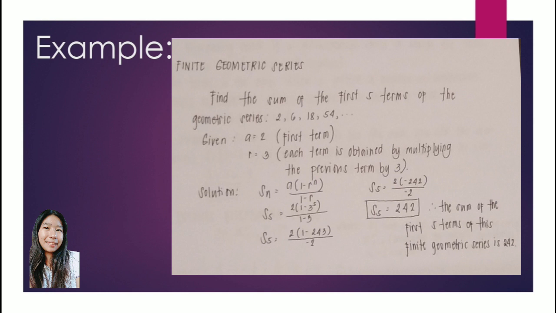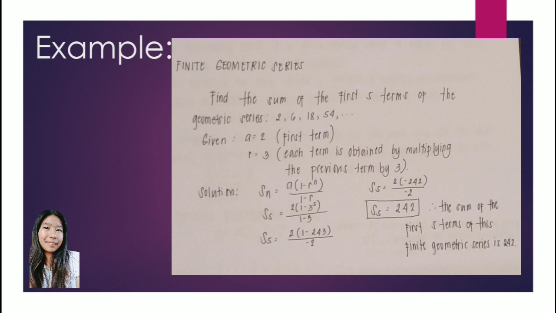For our solution, we use the formula S sub n, where n is the number of terms, is equal to a times the quantity of 1 minus r raised to n, all over 1 minus r. Just substitute the value of our n, which is 5, and the values of a and r, where a is equal to 2 and r is equal to 3.